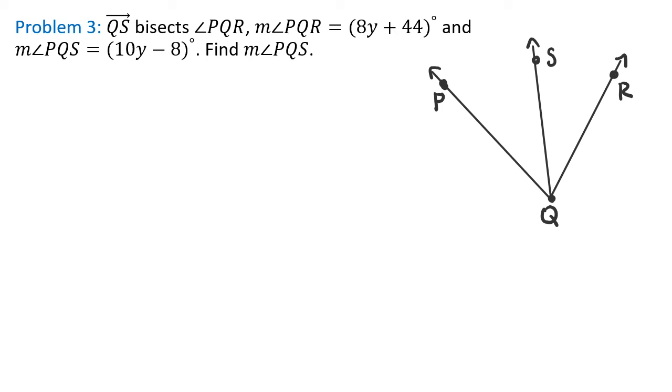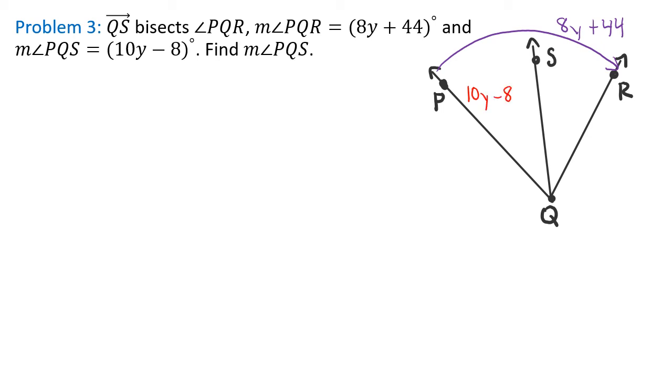All right, the last one. QS bisects angle PQR, and they let us know that the angle PQR degree measure is represented by 8y plus 44. They also let us know that angle PQS is 10y minus 8.